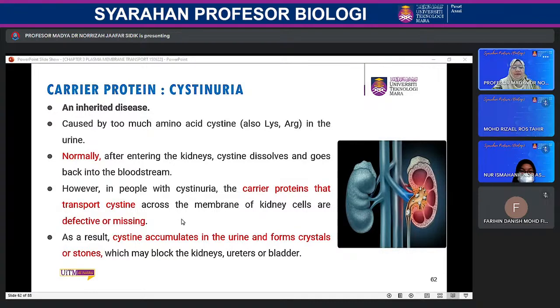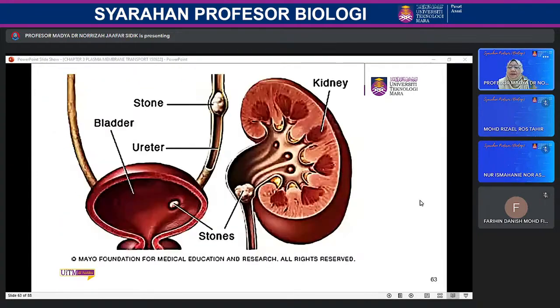They are missing, so the cysteine will accumulate in the urine. Once the cysteine accumulates in the urine, it will form crystals or stones, as you can see here in the cross section of the kidney, which block the kidneys, ureters, or the bladder.